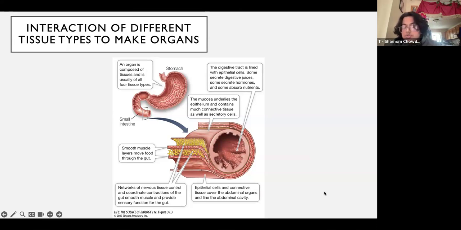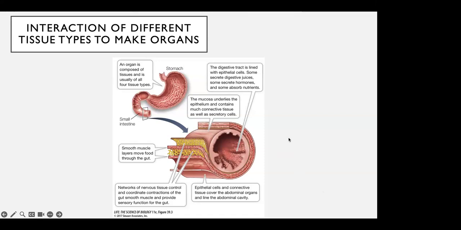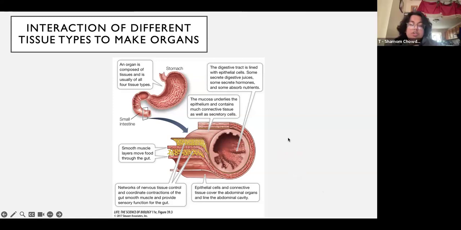They also secrete juices, secrete hormones, and some absorb nutrients. There's also nervous tissue to help coordinate contractions of the smooth muscle and provide sensory function for the gut. Either way, all your organs are a combination of several different types of tissues, which work their way up towards what humans are today.